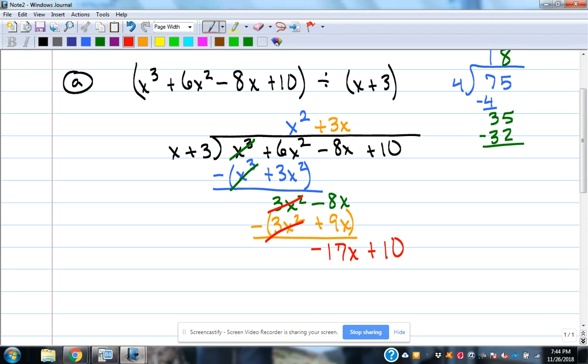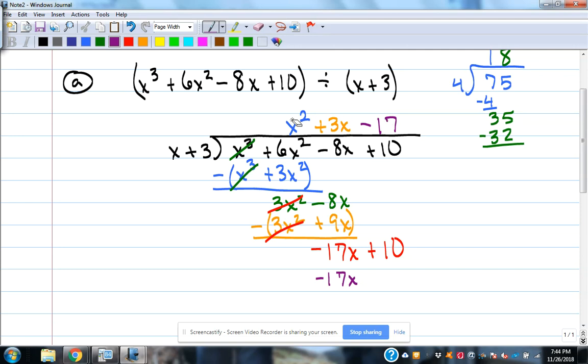All right. Then I look at the front again. What times x would give me negative 17x? Negative 17, right? Negative 17 times x is negative 17x.